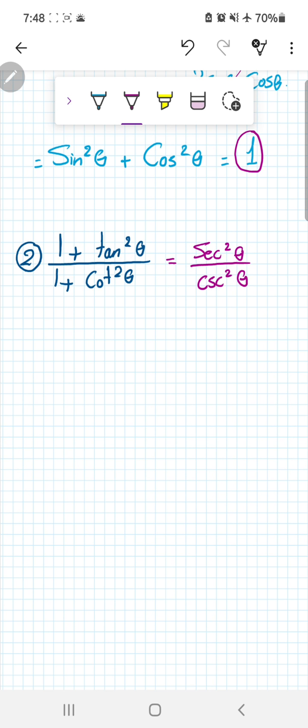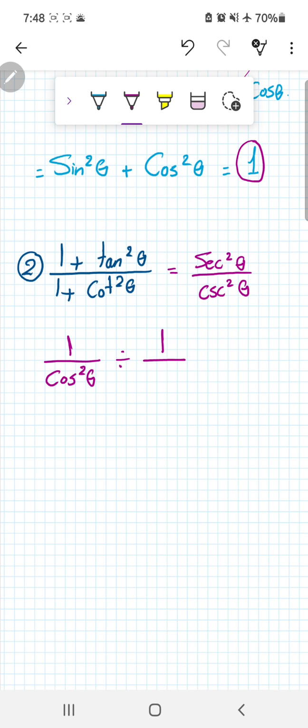What's the meaning of sec squared? Sec squared is the reciprocal of cosine, so sec squared equals 1 over cosine squared theta. The fraction here means division. Cosec squared means 1 over sine squared.